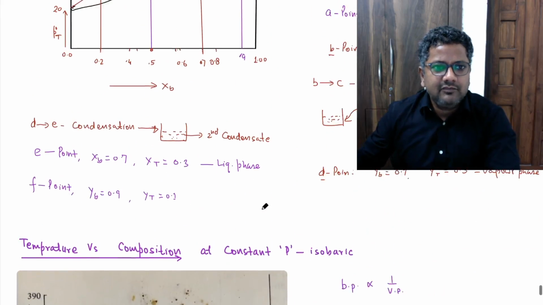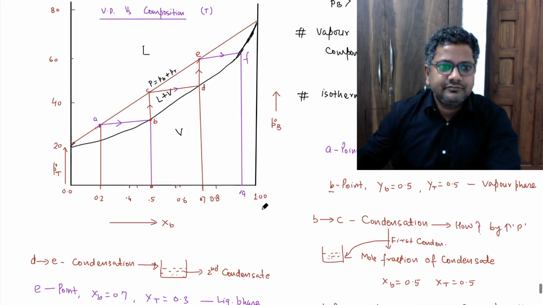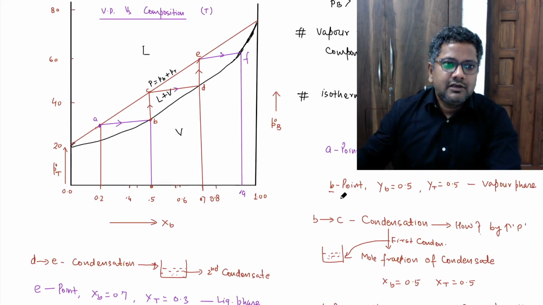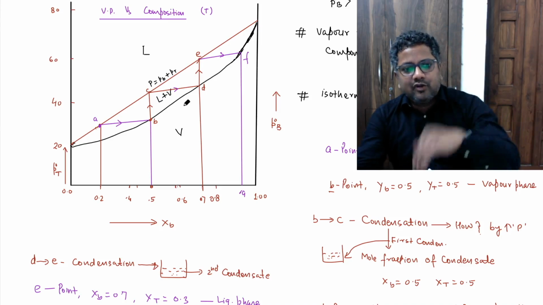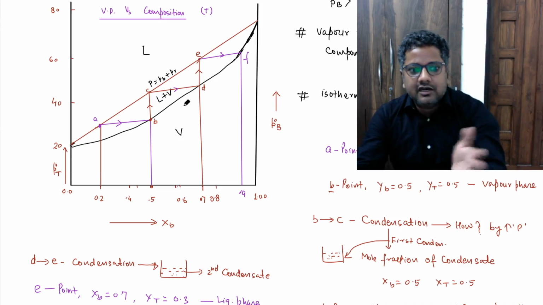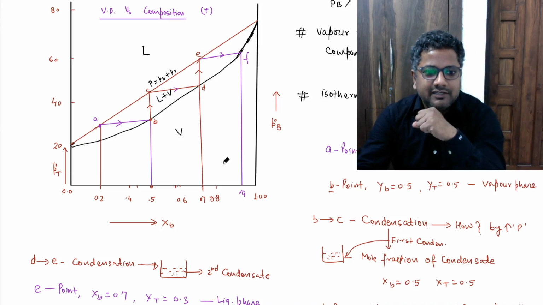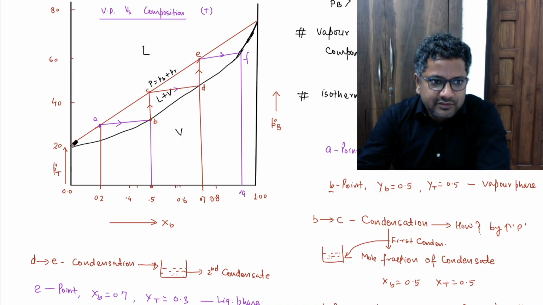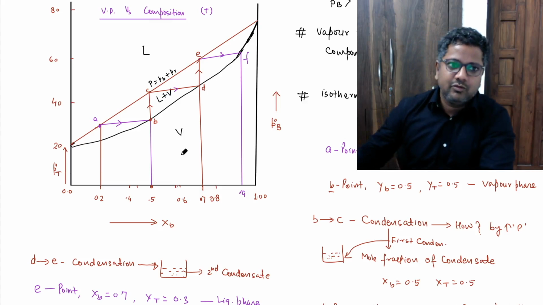And sometimes you may put a mirror here, and we can say that the boiling point versus composition, or temperature versus composition curve, is the mirror image of this. I mean, invert this: whatever the value is minimum, put it maximum. So reverse this, vapor phase above, liquid phase below, right?